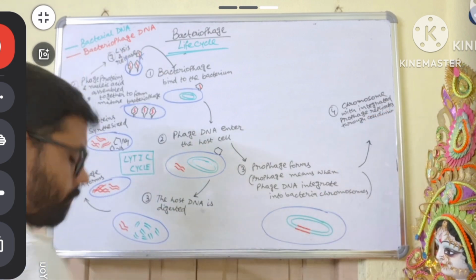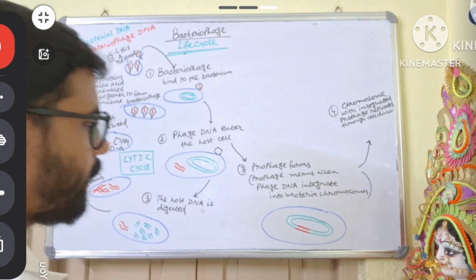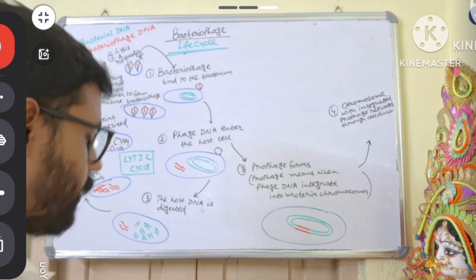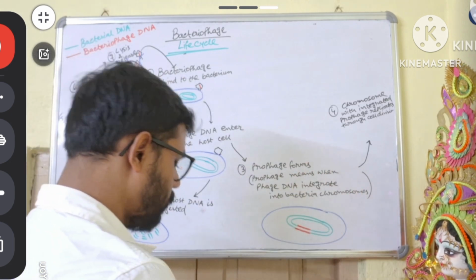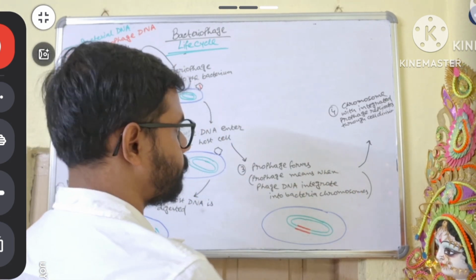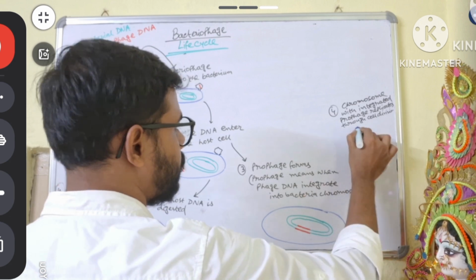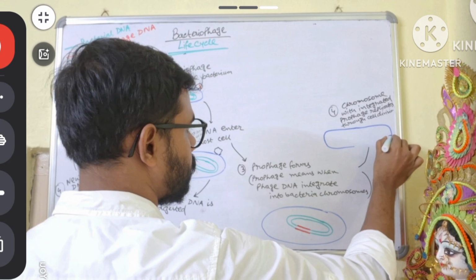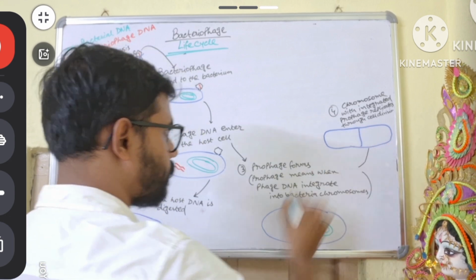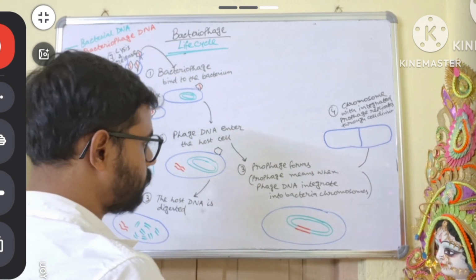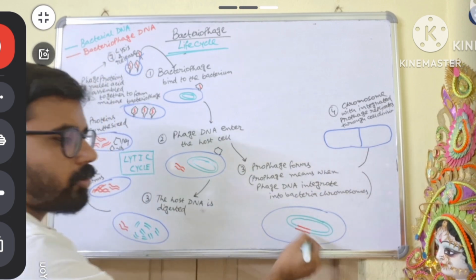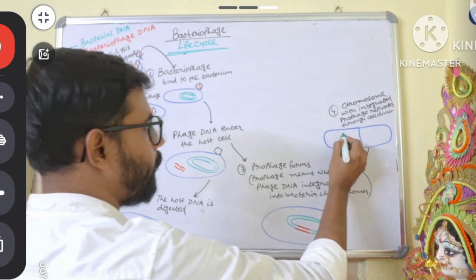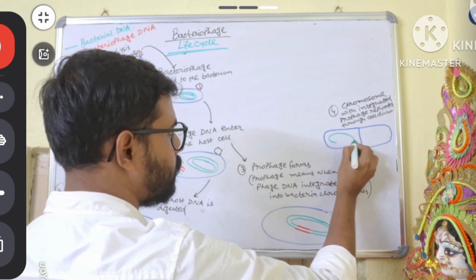So after entry, when the cell is divided, there is also division of bacteriophage DNA, and bacteriophage DNA maintains its own population like that. When this cell is divided by binary fission, DNA also replicates before binary fission, and when DNA is replicated, bacteriophage DNA is also present in the new cell.